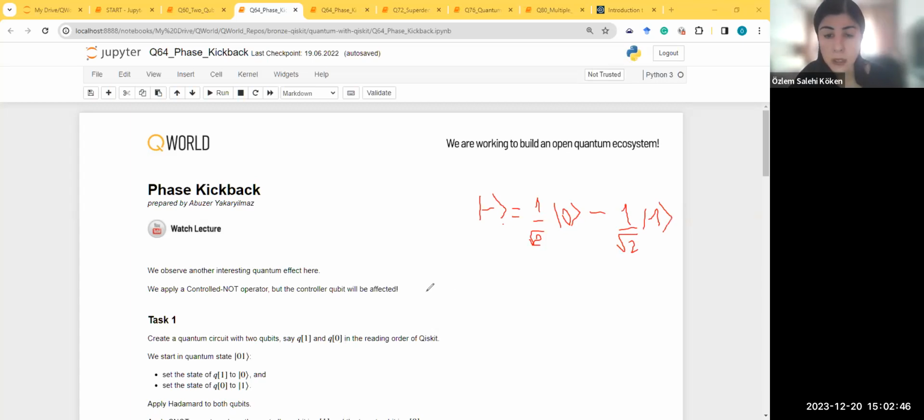Now the question is, what happens if you apply a NOT on this state? What is the result if I apply NOT on this quantum state? Will it be the same?